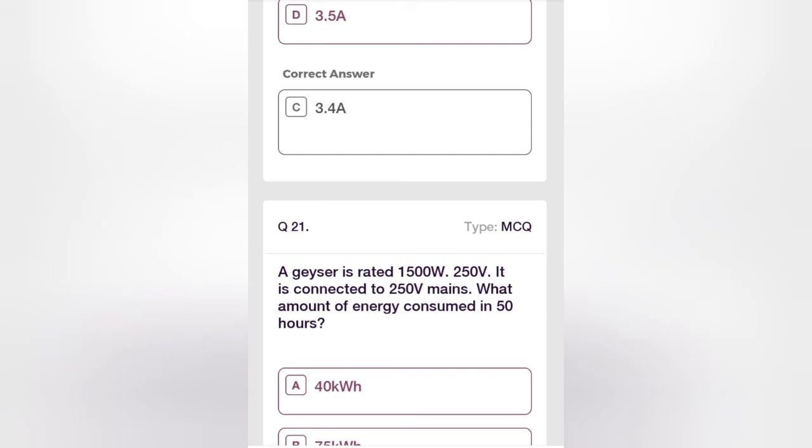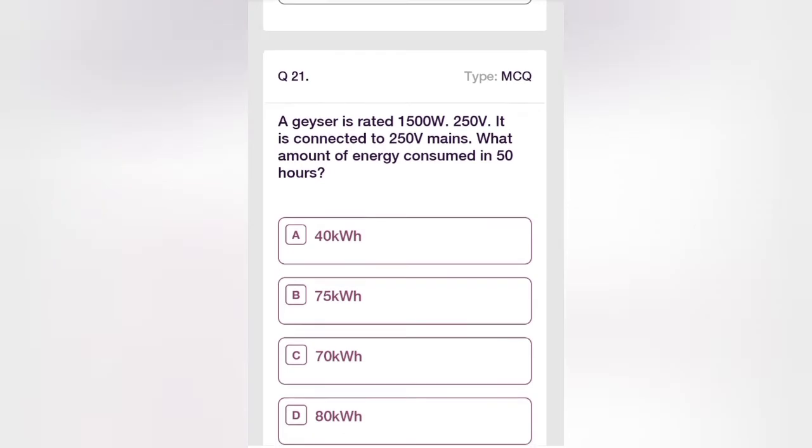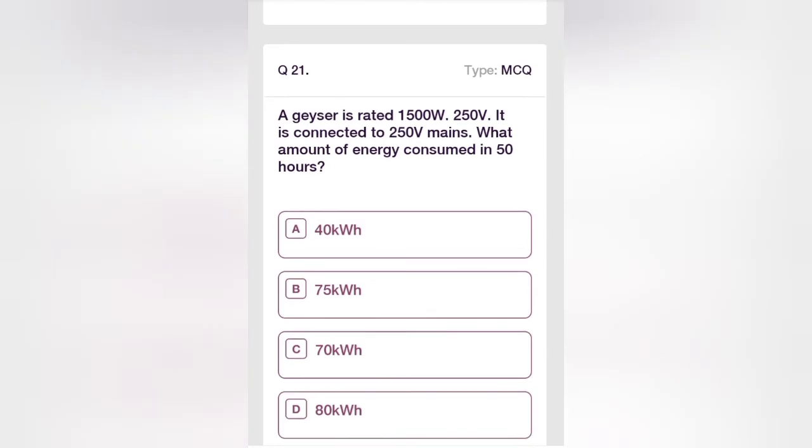A geyser is rated 1500 watt, 250 volt. It is connected to 250 volt mains. What amount of energy is consumed in 50 hours? We have power, we have voltage and time. So we know energy is equal to power into time.